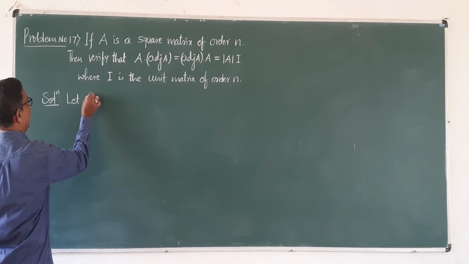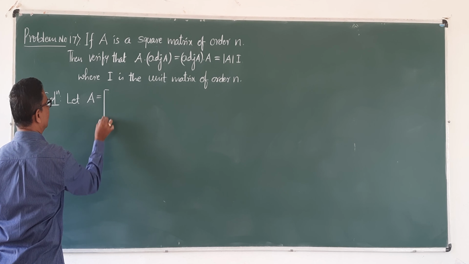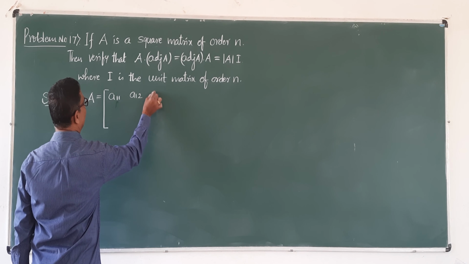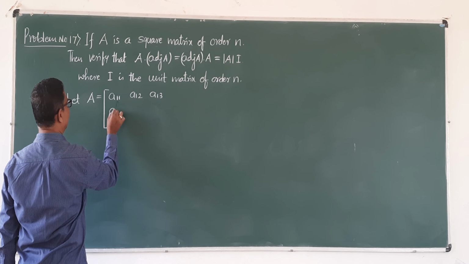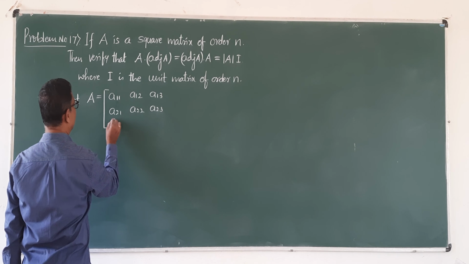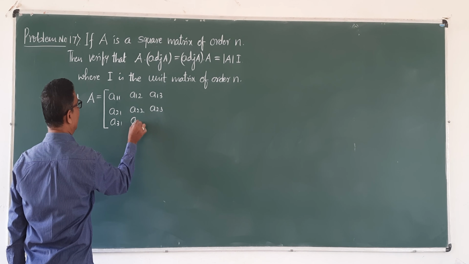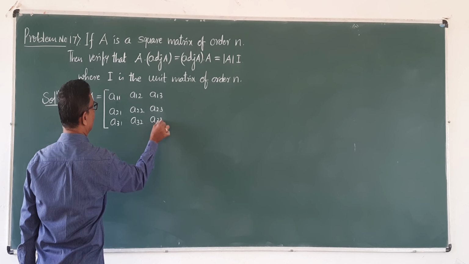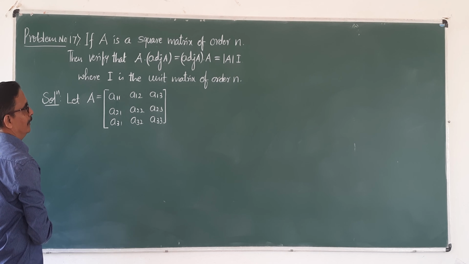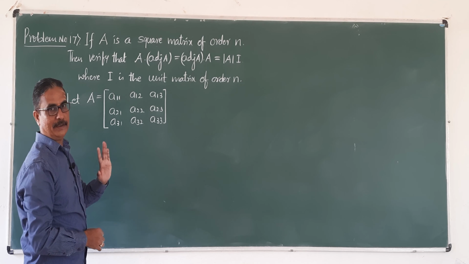Say let A be the matrix. If you take a 3 cross 3 matrix in general, say A11, A12, A13, A21, A22, A23, A31, A32, A33. It is a square matrix of order 3 cross 3. Okay, one general matrix.